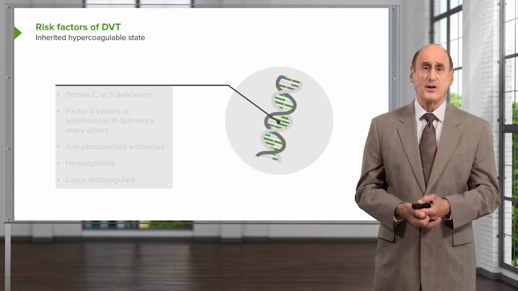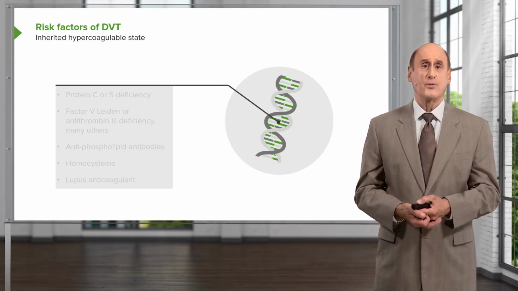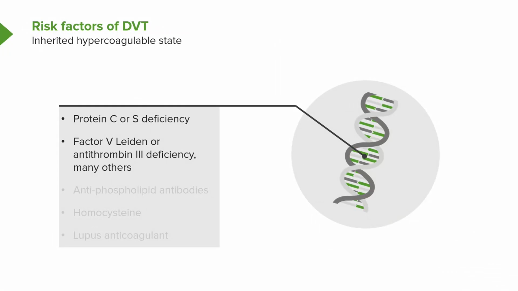Again, just to reiterate, here are some of the inherited hypercoagulable states: protein C or protein S deficiency, factor V Leiden or antithrombin 3 deficiency. There can be, particularly in patients with systemic lupus erythematosus, a clotting antibody that increases the risk for blood clots forming.